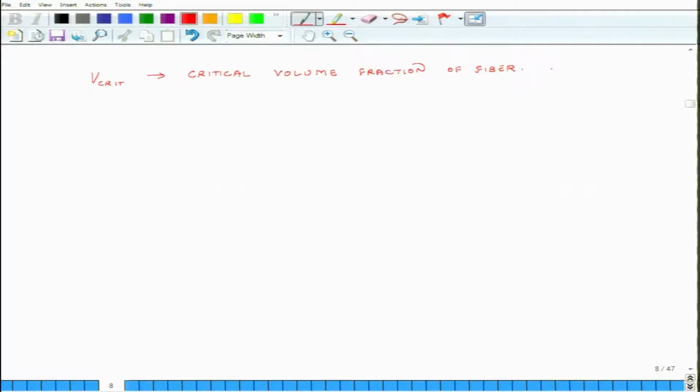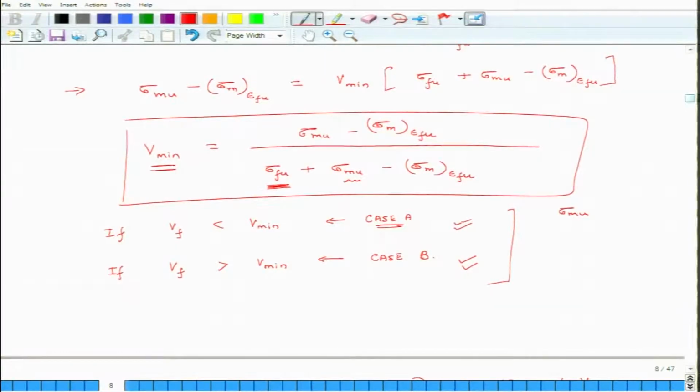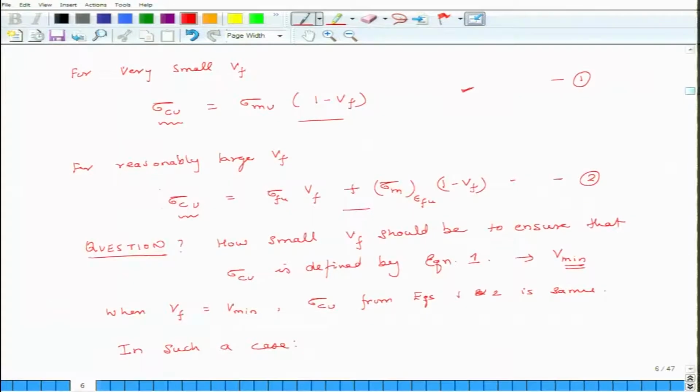This V crit is not the same as V min. We have already understood what V min is. If the volume fraction of the fiber is less than V min, then we use the first expression for case A to find the failure of the composite. If it is more than V min, then we use case B to predict the failure of the composite.